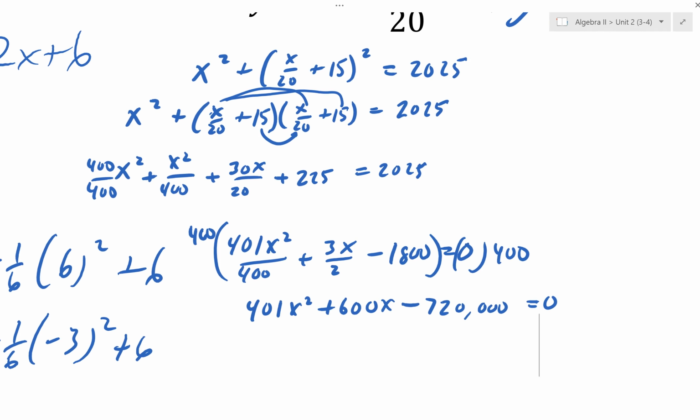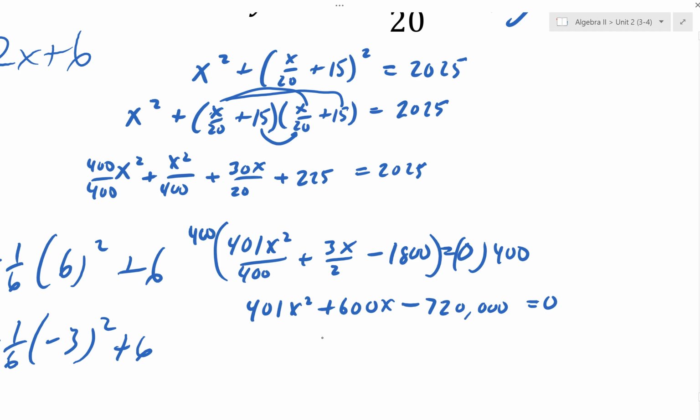Okay, so that doesn't look like it would be very fun to factor, so I'm going to go straight to the quadratic formula. So in this case, A is 401, B is 600, C is negative 720,000.